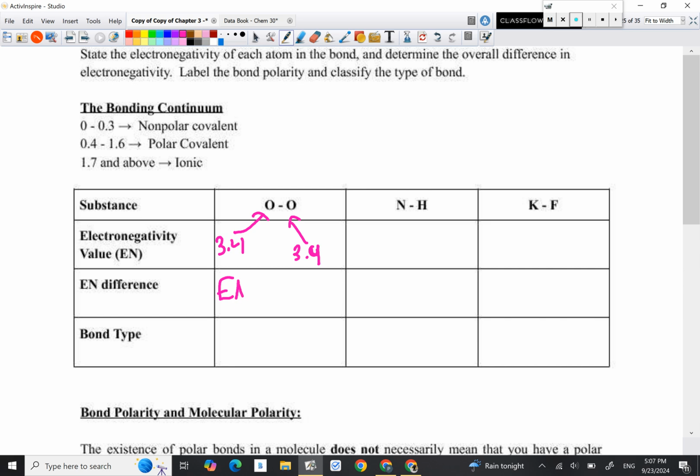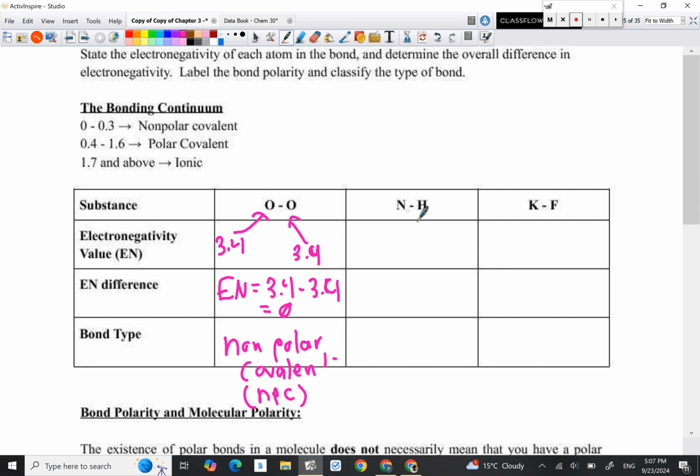So we go En is equal to 3.4 minus 3.4, and we get a number of 0. So this bonding type is, of course, non-polar covalent, which we can shorthand NPC if we want to.